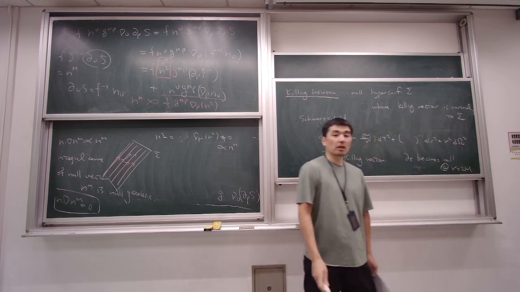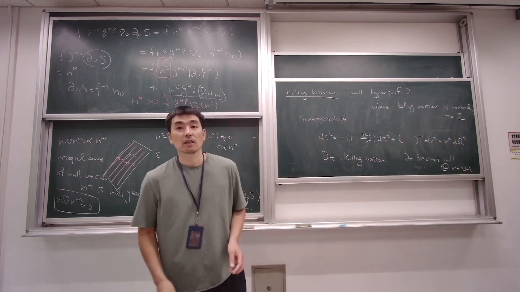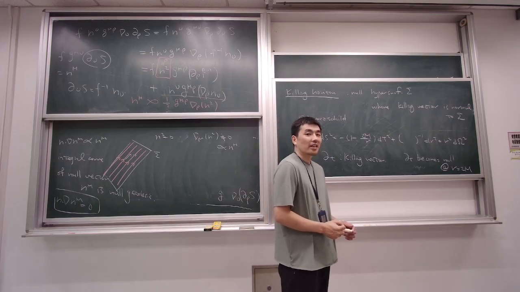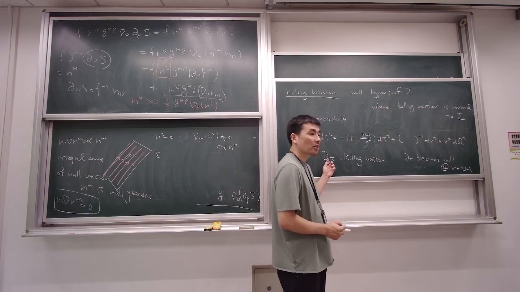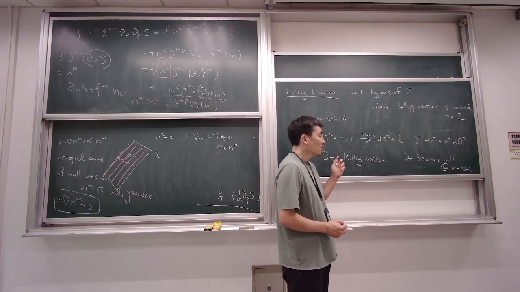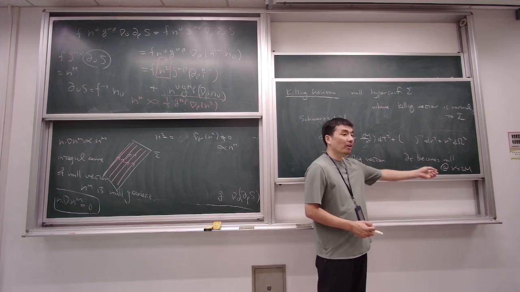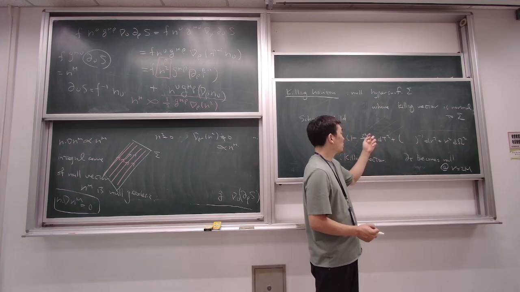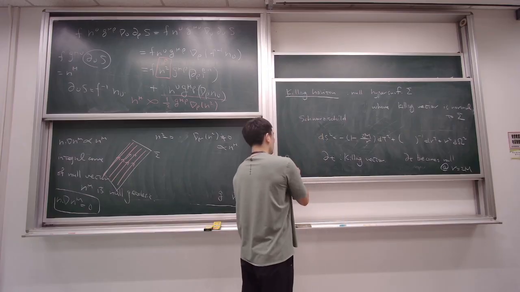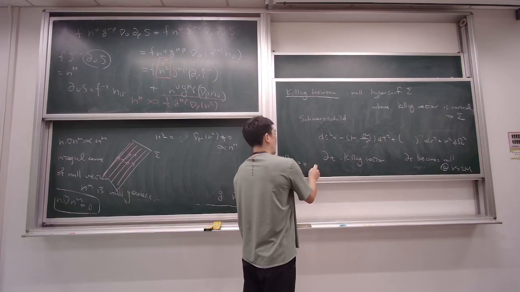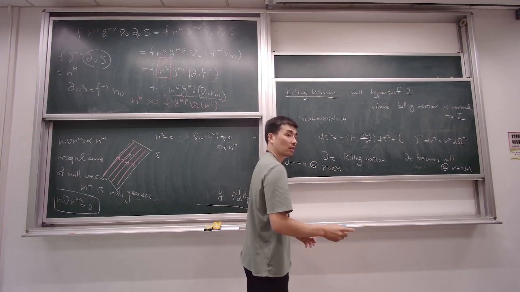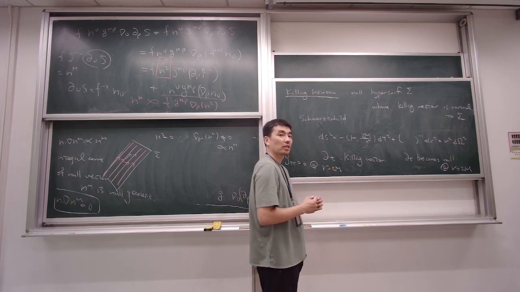Do you agree with that? ∂_t is a Killing vector because the metric is independent of t. ∂_t becomes null at r = 2m because this is equal to 0, so g_tt = 0 at r = 2m. Therefore ∂_t is null.